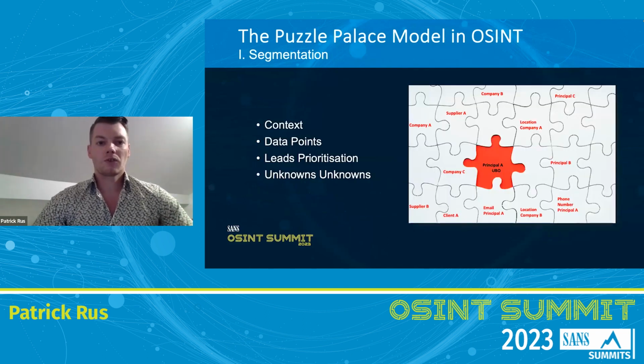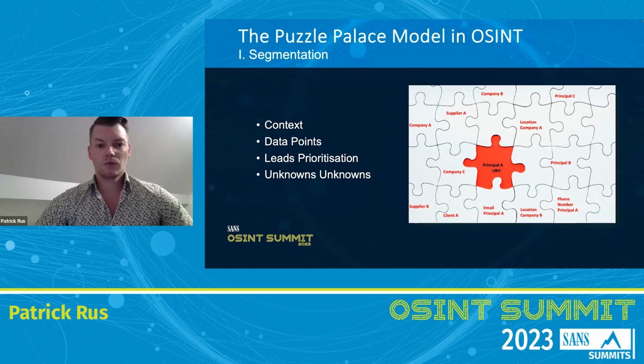All right, now I will introduce the first component of the Puzzle-Palace model, and this component is segmentation. Segmentation is important because you have to understand the context of the investigation.